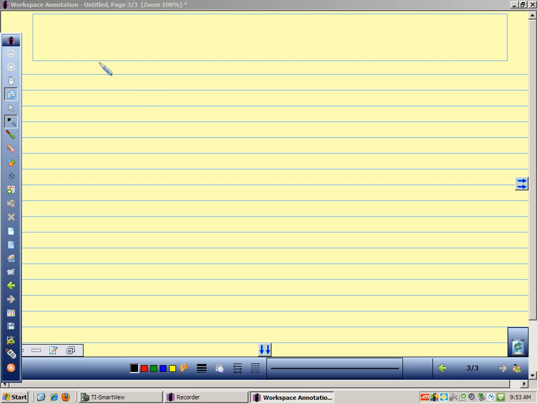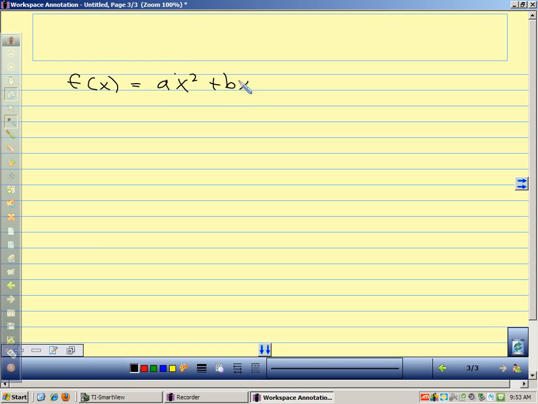So if we have f of x equals ax squared plus bx plus c, we call this the general form of the equation. And we want to get our function into a form that looks like f of x equals a times x minus h squared plus k, where a doesn't equal 0.